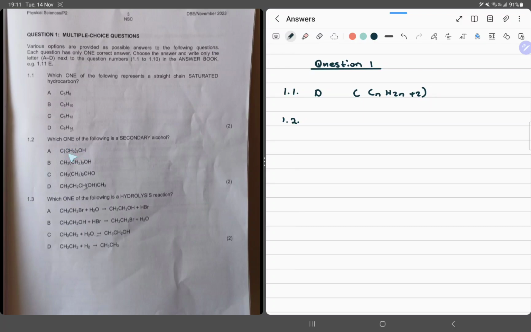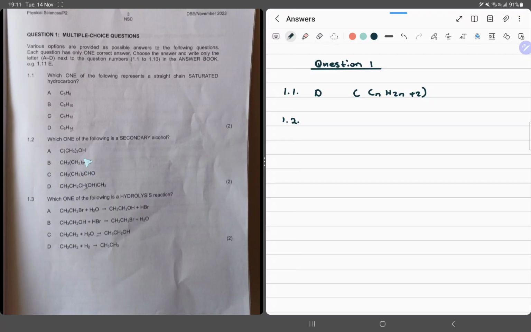So when a carbon is bonded to 3 other carbons and carries the OH group, it becomes a tertiary alcohol. Now we look at this one, CH3, CH2, that's part of the main chain, it's not a branch. How do you tell a branch from the main chain? Within the chain, you'll have CH2s multiple times, but if it is a branch, you'll see a CH3. You can never have a CH3 within the chain.